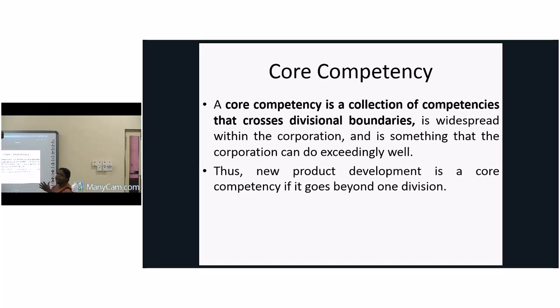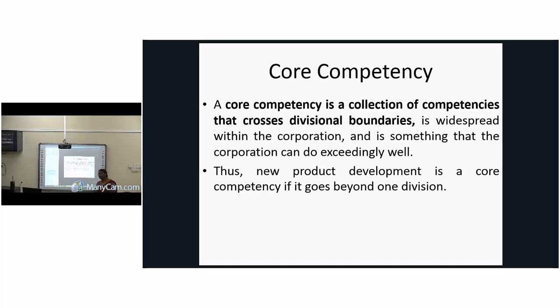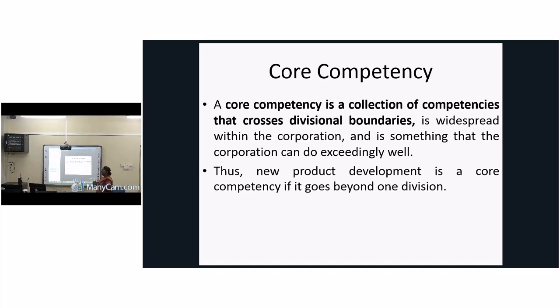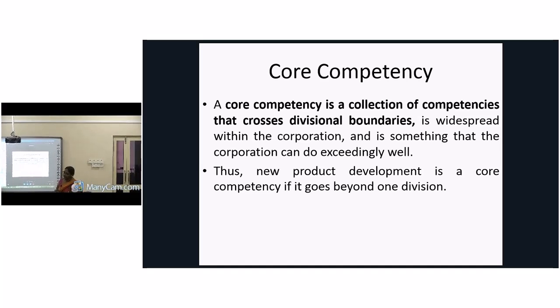Regarding the same thing, the whole divisions together, integrated together, produce one thing. Then the whole is collected together as a core competency. Understood?